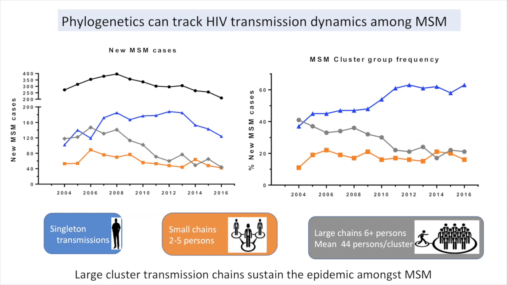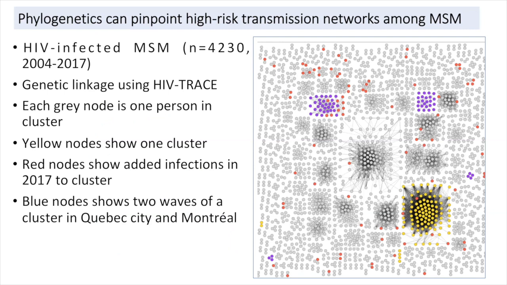So we see that large cluster groups are representing a higher proportion of infections. And to further examine this, we use phylogenetic linkage using HIV-TRACE, a platform developed in San Diego to monitor the HIV epidemic.